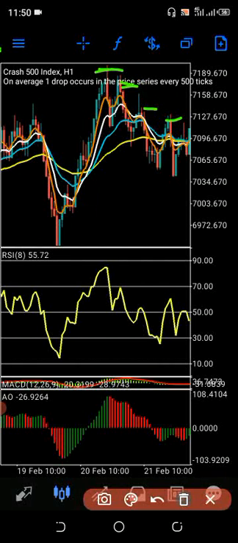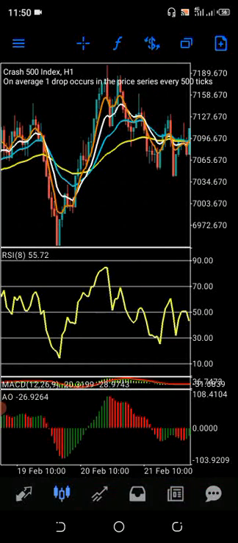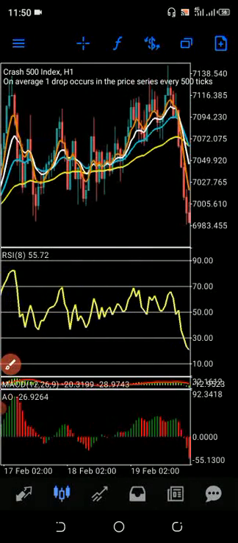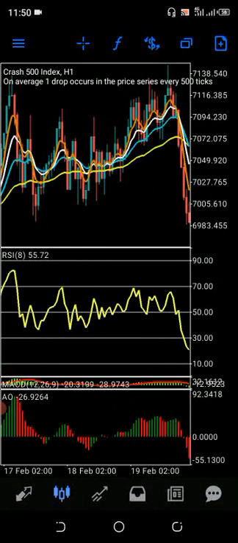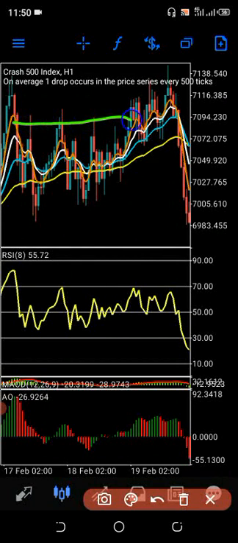So you draw trend lines like this, and remember I have told you that any previous high is a resistance level. All those things you are seeing here are resistance levels.